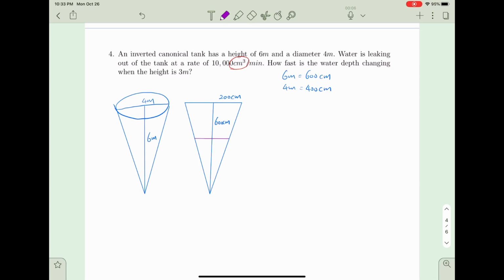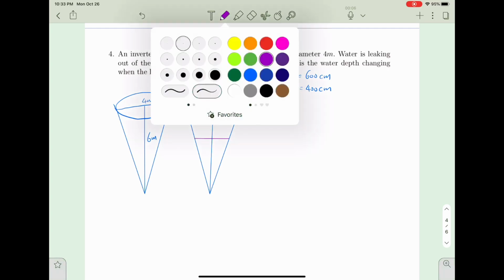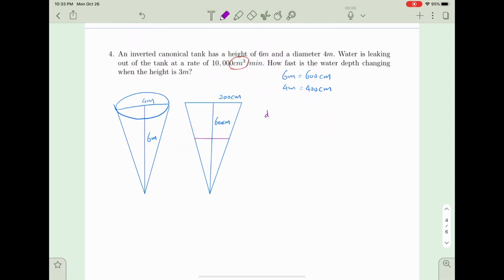So let's write out what we know here: dV over dt, right, which is equal to 10,000. But since the water is leaking out, the volume is decreasing, so it should be negative 10,000. Right?